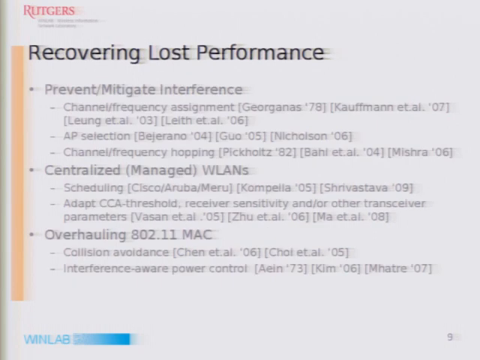So on the recovery part, there are people who worked on outright trying to prevent and mitigate interference, which is a good thing. And it's not strictly for wireless LANs. For example, channel frequency assignment is, I don't know how old a problem, that people are trying to solve. Just for fun, I found one from the year I was born.